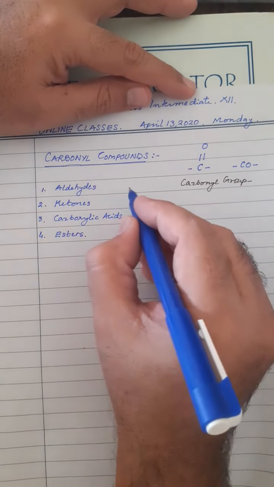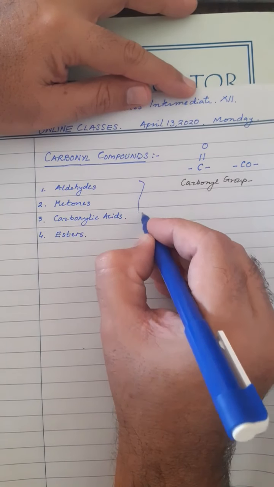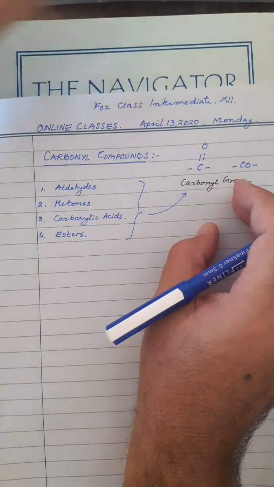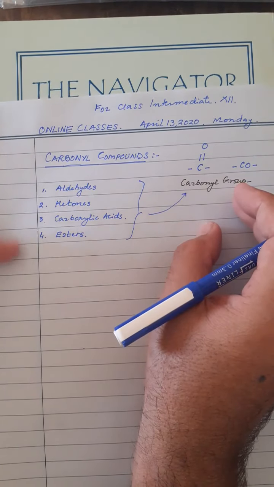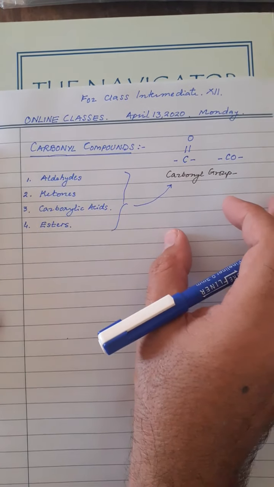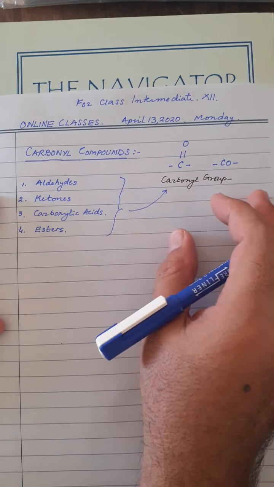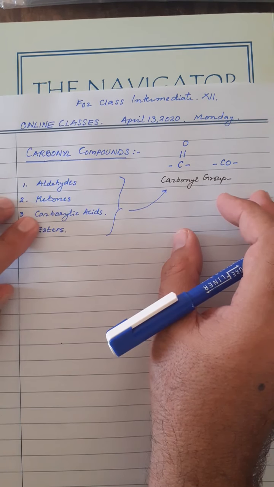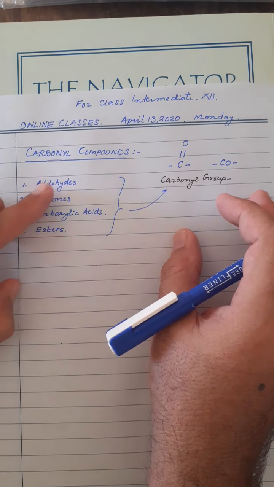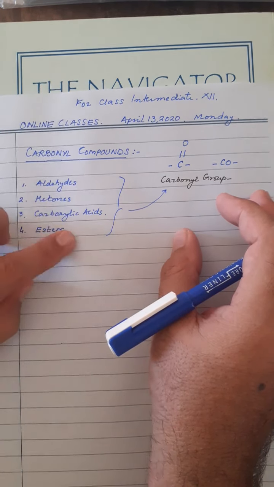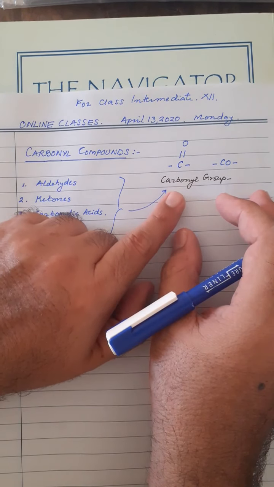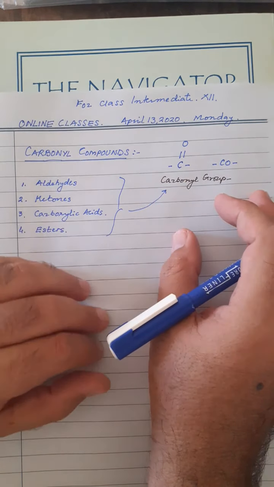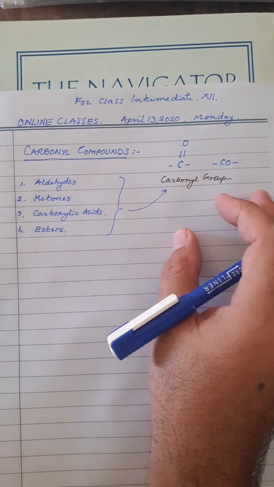Esters also contain a functional group which contains a carbonyl group. So all these 4 families in our syllabus, aldehyde, ketone, carboxylic acid, esters, share the same functional group, which is the carbonyl group. But there are a few, very slight differences.